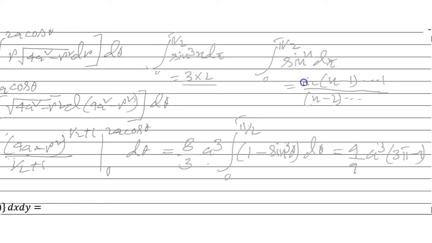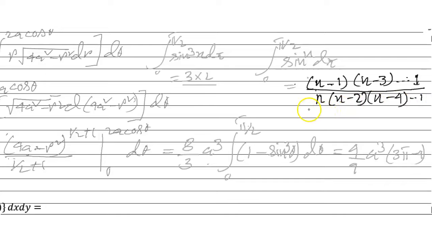Here is some mistake, so the formula for sine to the power n x dx is equal to (n minus 1)(n minus 3) up to 1 divided by n(n minus 2)(n minus 4) up to this.